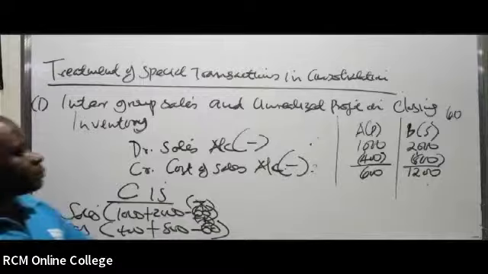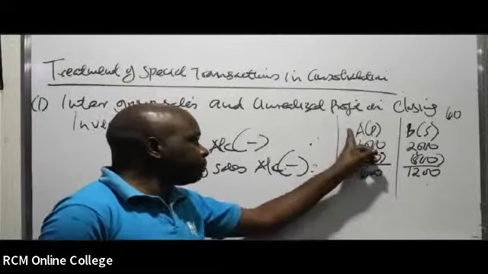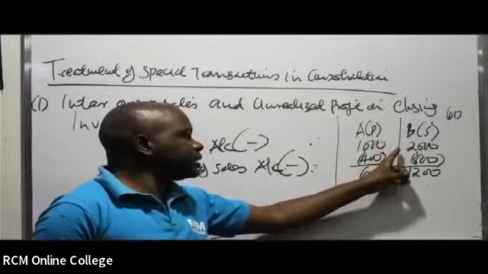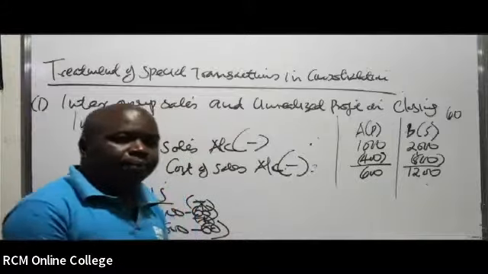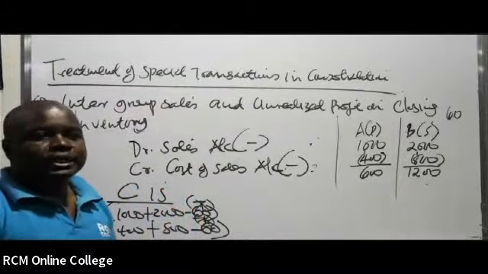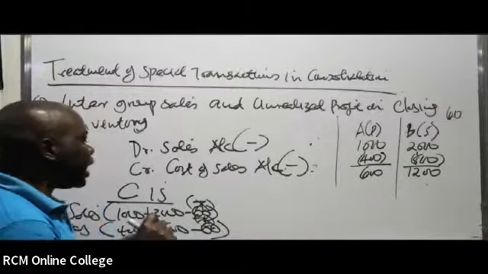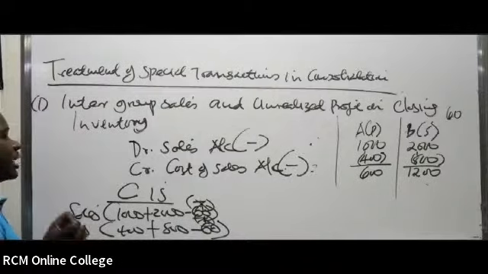That's how the question is normally framed. In the question, you are given the income statement line by line for the two companies, the parent company and the subsidiary. Then you are told that B sold goods worth 60 to A. To consolidate, you are coming up with a single income statement for the two, and therefore you need to add the items line by line. But you have to consider these kinds of adjustments.